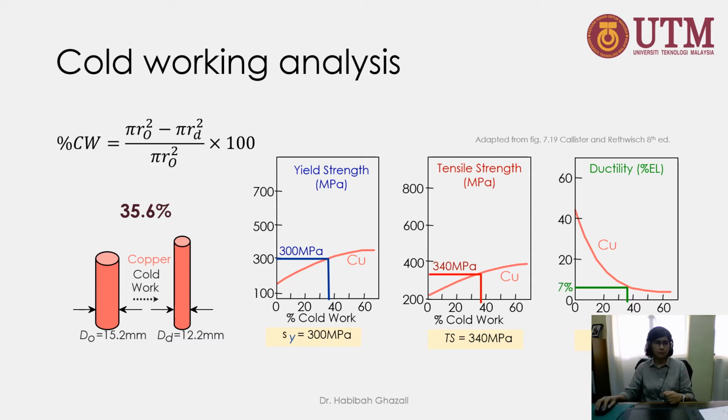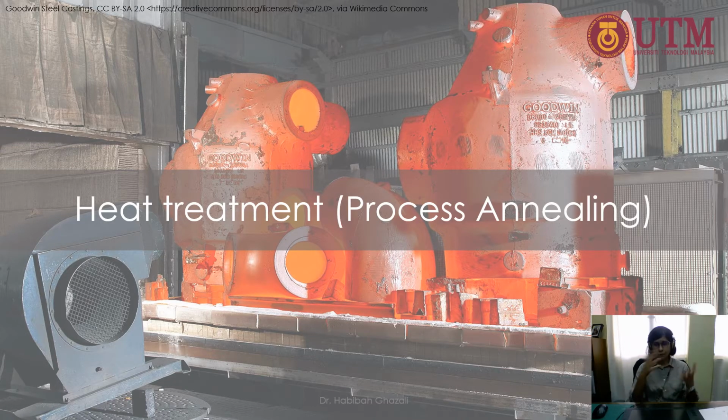So those are the things that's going to change when plastic deformation is performed to the materials, when we perform forming process. As I have mentioned earlier, we can change this back to its pre-cold working or pre-forming process microstructure by a heat treatment process we call process annealing.